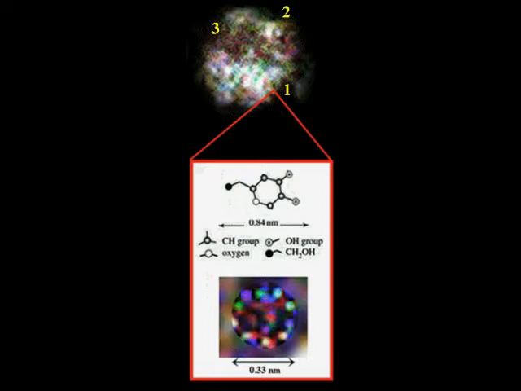In the bottom is the first time ever below the 1 nm nanometer level that there has been a photograph, or in this case micrograph, of a cellulose molecular structure.